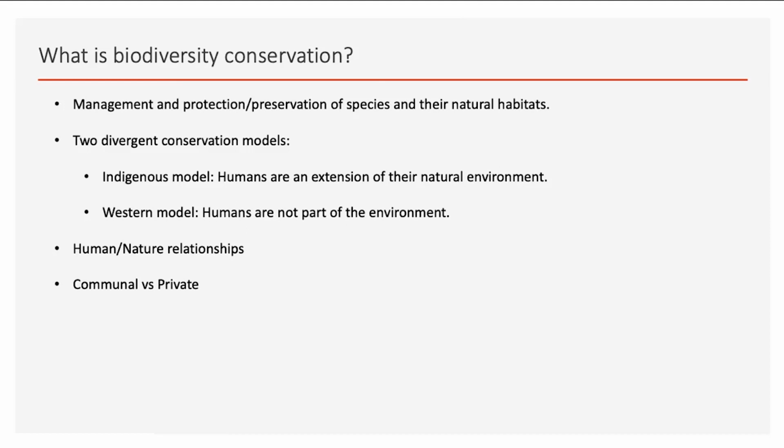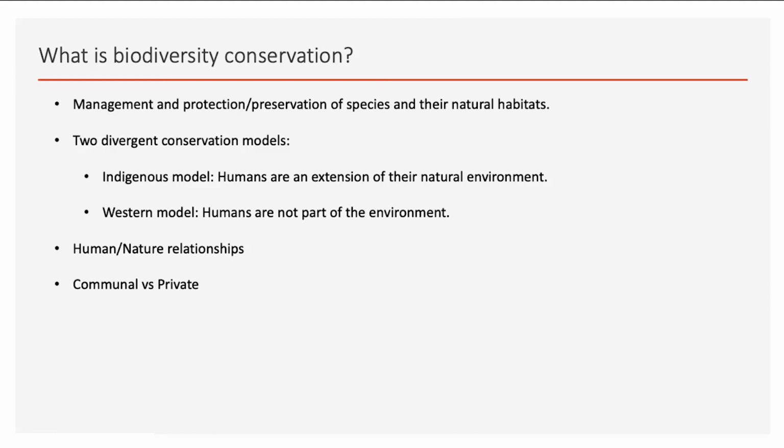I'll talk a little bit about what we mean by that, what a cultural landscape is. And of course, from these two models you have two divergent types of relationships between humans and nature. In the indigenous model, there is no divide between human and nature. They're all one and the same.